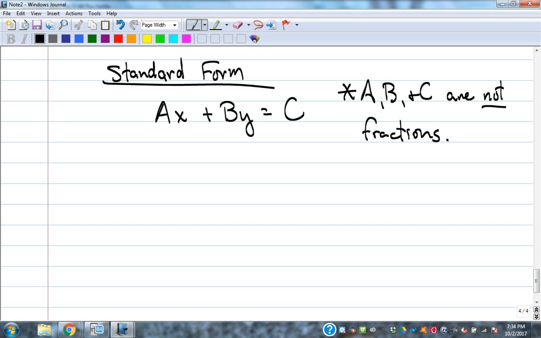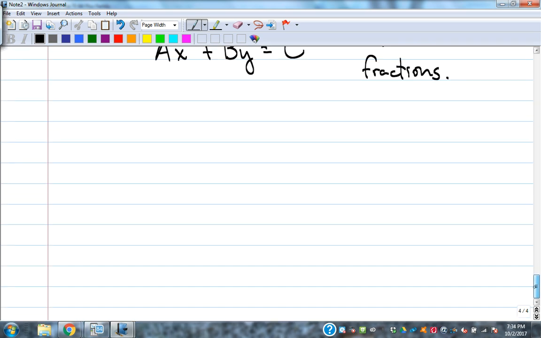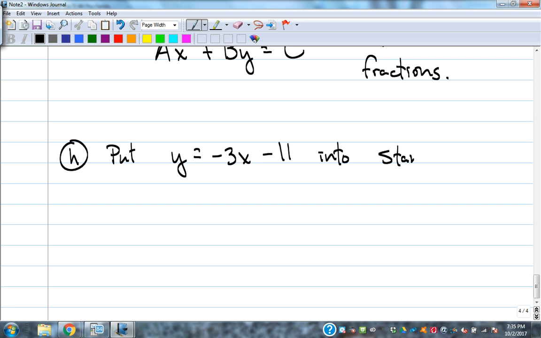All right. So let's first look at a problem that's in slope-intercept form. Put y equals -3x minus 11 into standard form. So that equation, y equals -3x minus 11, that is in slope-intercept form, correct?